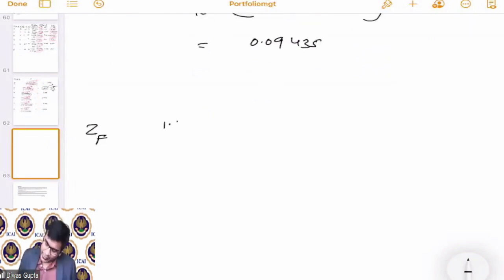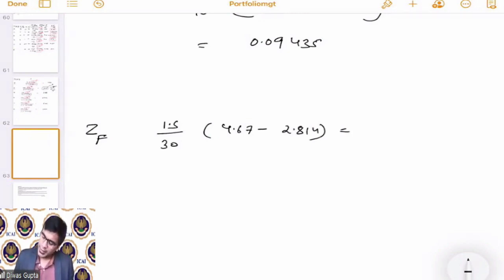So ZF, 1.5 is the beta, and variance on unsystematic risk is 30. 4.67 is the Treynor ratio, which is our return of security minus risk-free return divided by the beta, correct? Minus 2.814, which gives 0.0928.